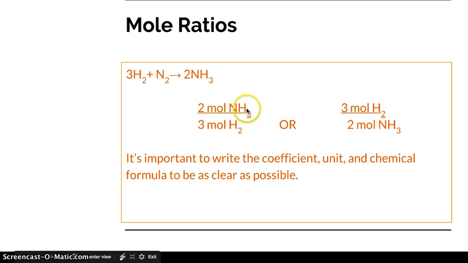And so these aren't different conversions necessarily. They're the same relationship, just written different ways based on what unit needs to cancel. I can get any other number of relationships or ratios from this equation also. I just picked two substances from this equation to show you. It's important that when you write these conversion factors, you want the coefficient and the unit and the formula to be as clear as possible. And you'll see why when we do some examples.